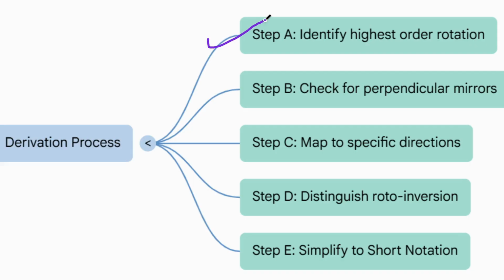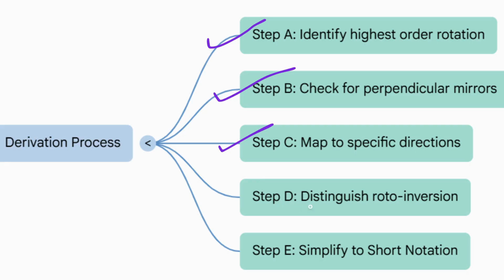First one is to identify the highest order of rotation. That is also the defining symmetry of the particular crystal system. The second one which we have to see is whether any mirror plane is present or not, and that particular mirror plane and its relation to the rotation axis also has to be identified.